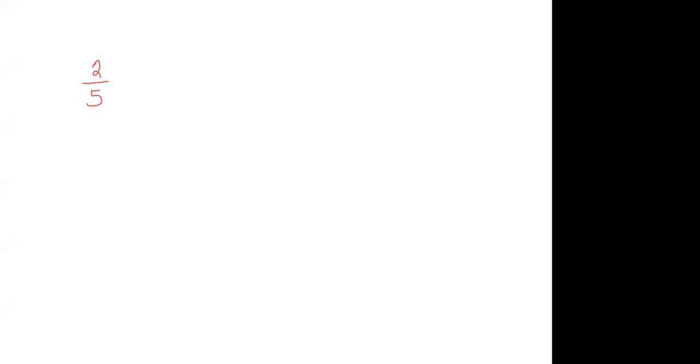You want to make the bottom one 10. What can you multiply 5 by to get to 10? That's going to be 2. So 2 times 2 gives you 4. So it's going to be 4/10. Can you see? So that's going to be 0.4.